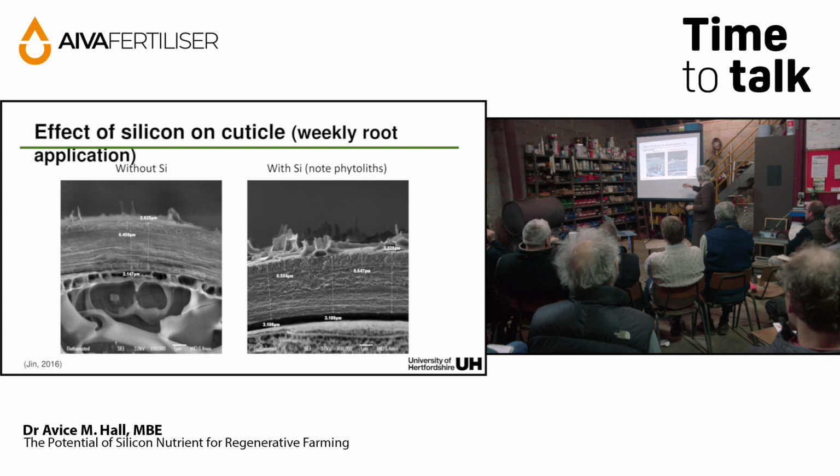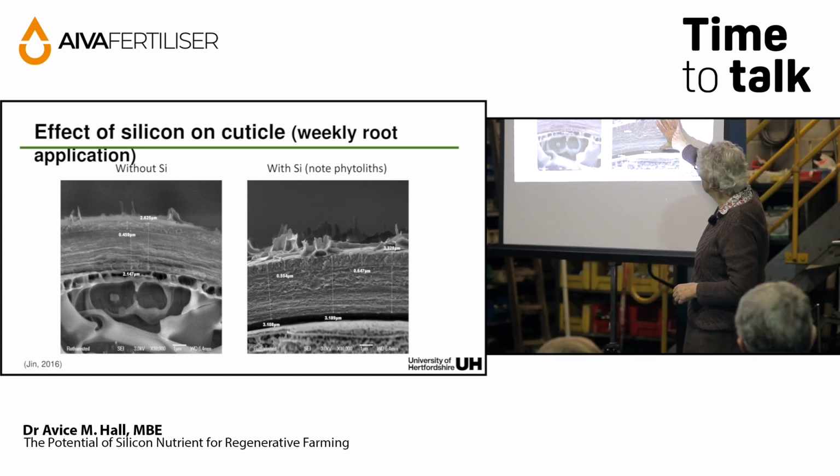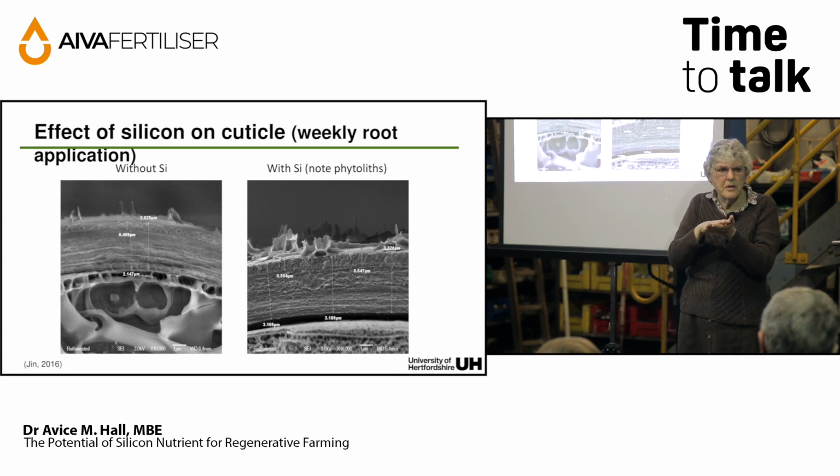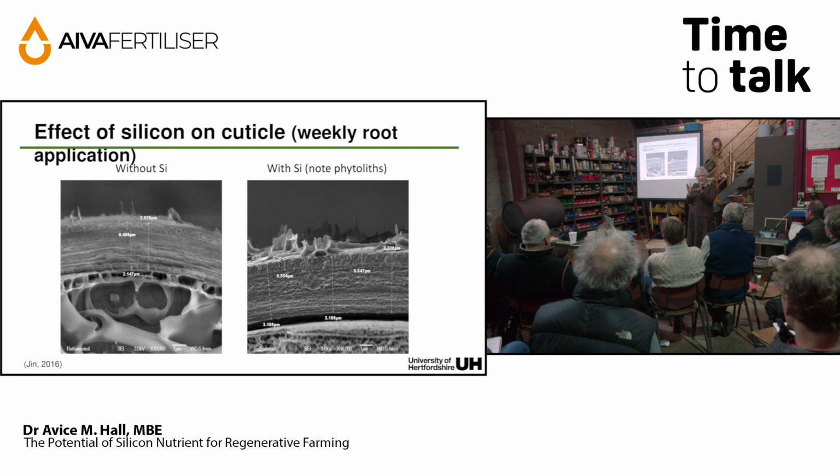But if you look at the one with silicon, can you see that not only is this part all thicker, but you've got these incredible mountains, as it were, on the wax? Now, those are what we call phytoliths, or put it another way, silicon crystals. So it's all crunchy.